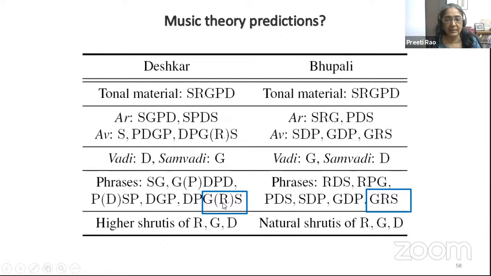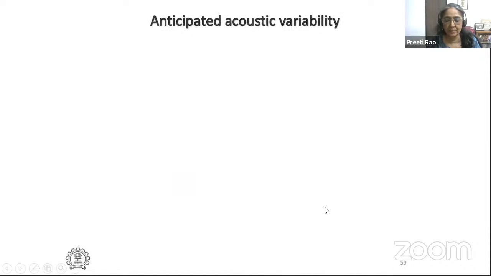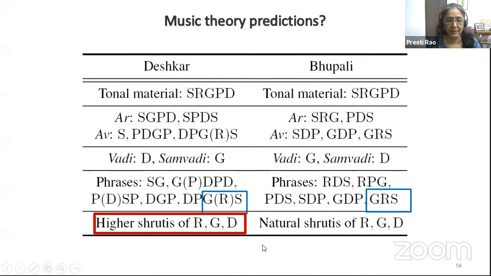For example, we see that the re note is shown in parenthesis in Deshkar, indicating that it is a note that is to be uttered in passing, called an alpa note. And we also noticed the ga being mentioned in the grammar, telling us about the differences in the intonation. And we saw that in the box plot earlier.